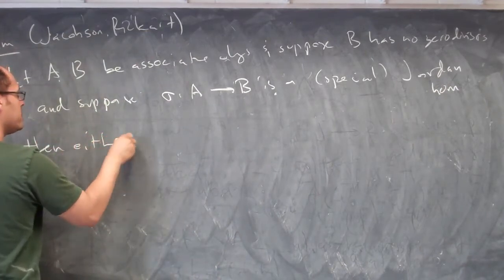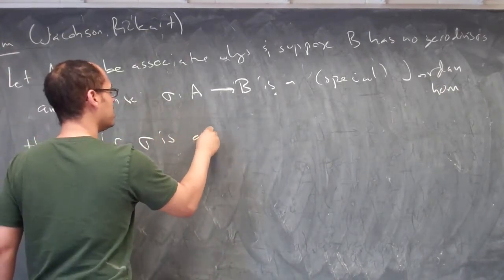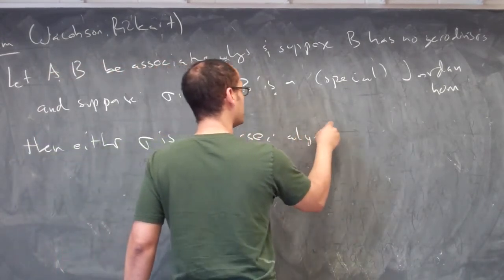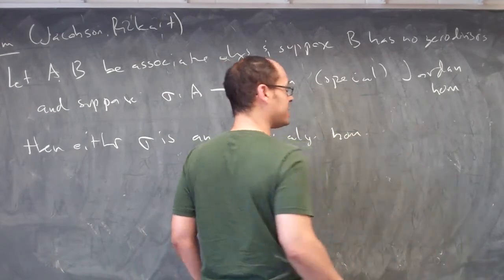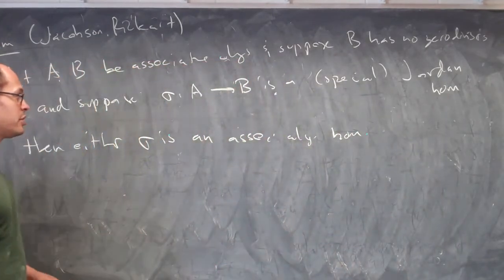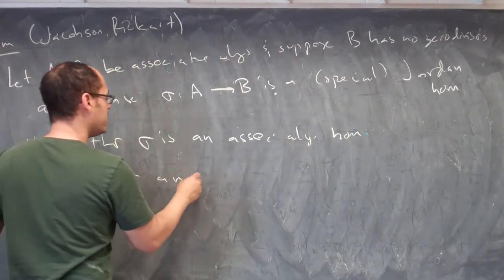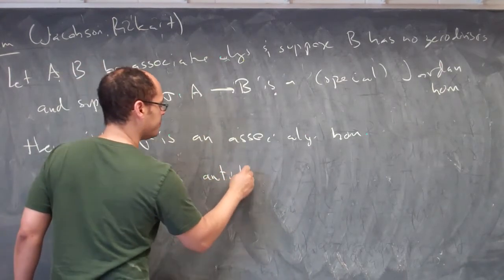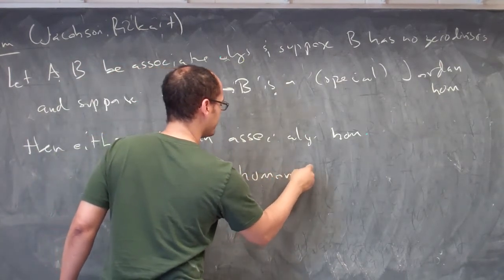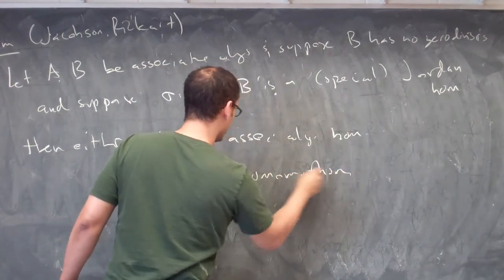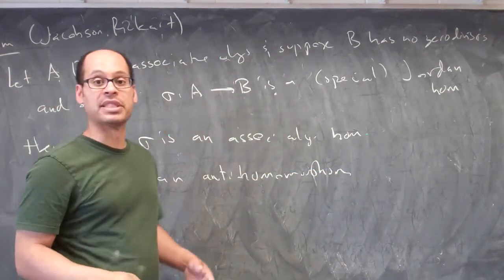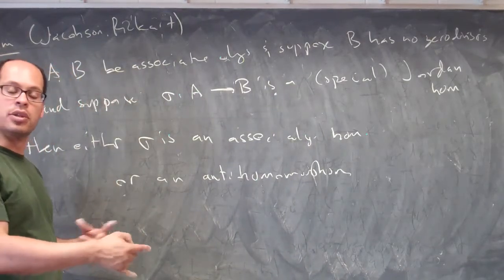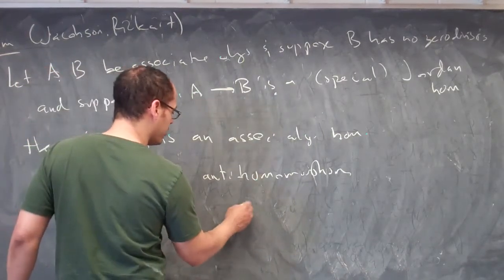either sigma is an associative algebra homomorphism, that in fact either it preserves the structure of the associative algebra or it's an anti-homomorphism. So recall that an anti-homomorphism is the same as a homomorphism except instead of preserving the multiplication, it reverses the order of the multiplication.